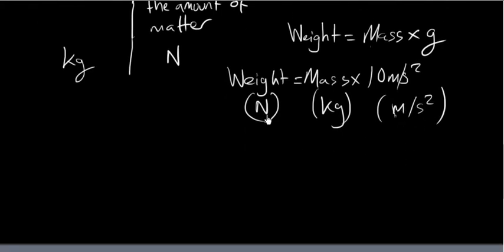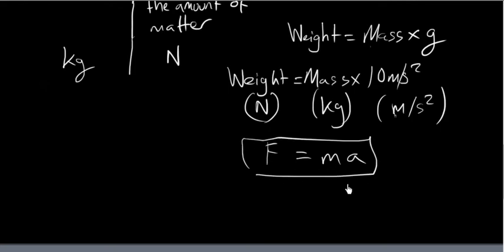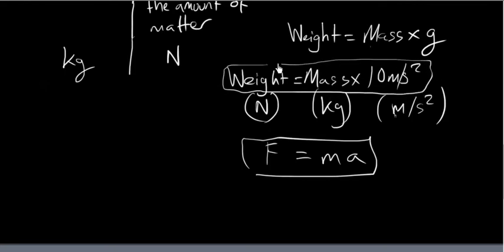So look, newtons, that's a force, and that's kilograms, that's mass, and that's acceleration. So this famous second law of Newton, F equals ma, is really where this formula, weight equals mass times acceleration, comes from.